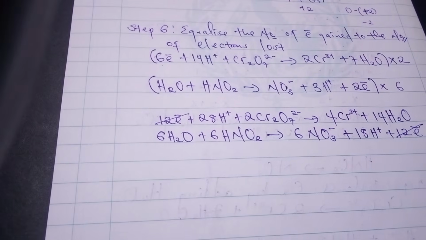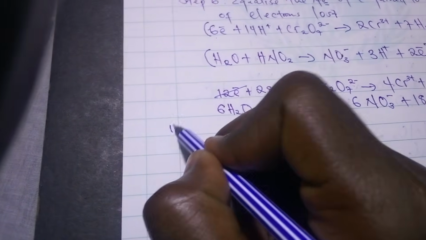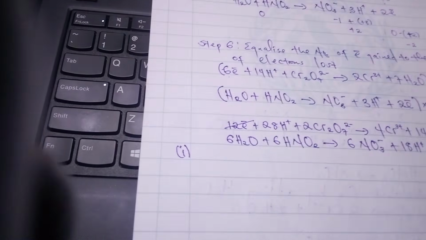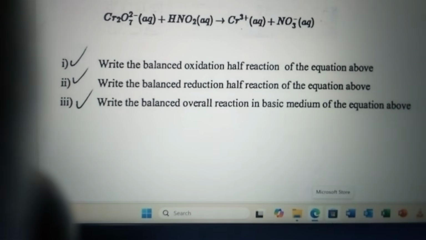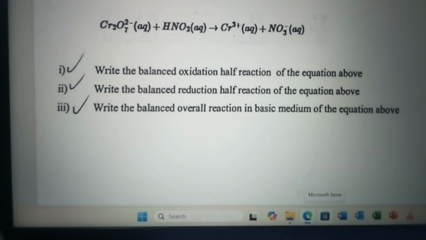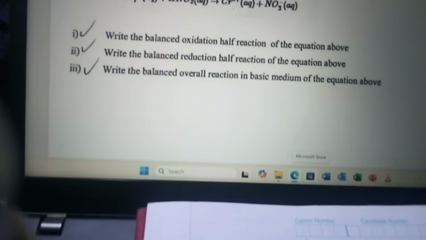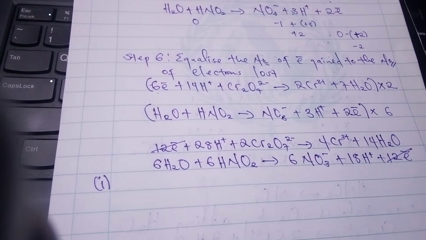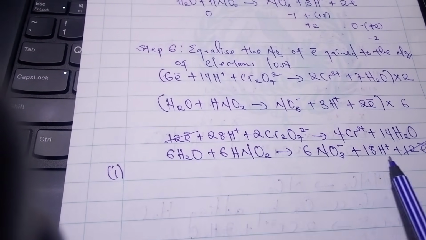So from there, to answer your first question, you're going to write 1. To answer your first question, where they are saying write the balanced oxidation reaction: in part 1 we said the half reaction that was undergoing oxidation is this one.